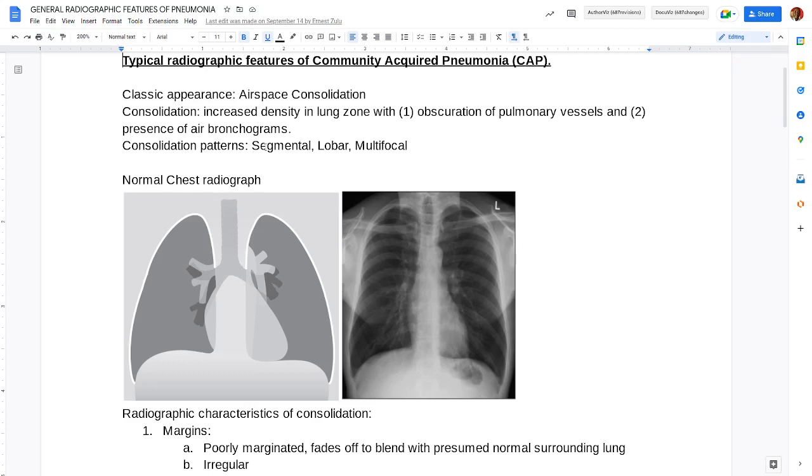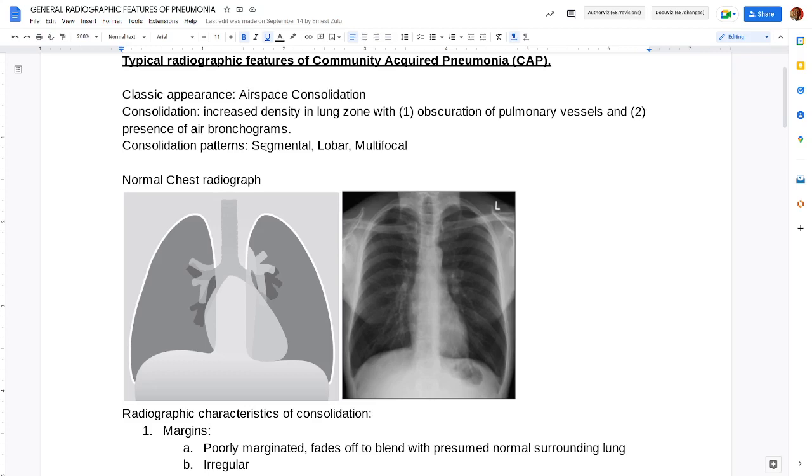Yeah, and so what will happen is that you have these products, fluid, pus, blood, white blood cells, that will now accumulate in the air spaces. Remember, the main function of the lung is to exchange air. So when you breathe in from your nostrils, the air will go into the trachea.